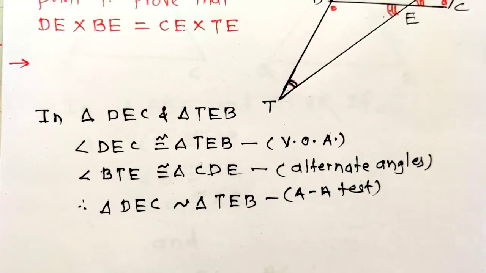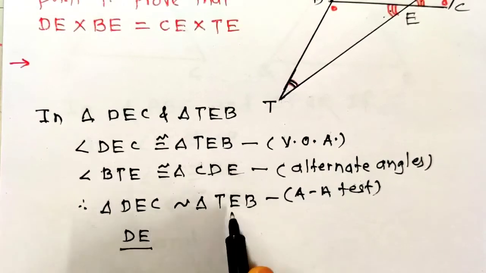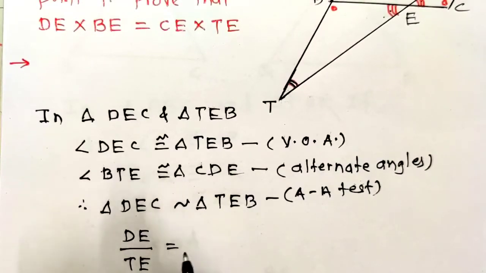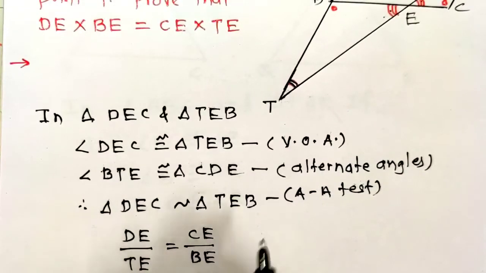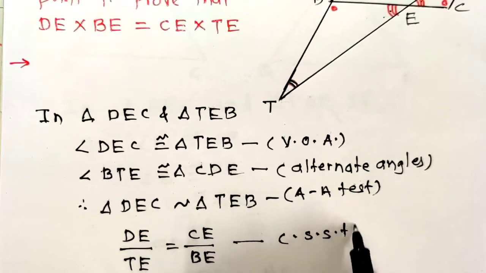And when two triangles are similar, their corresponding sides are in proportion: DE upon TE is equal to CE upon BE, corresponding sides of similar triangles.